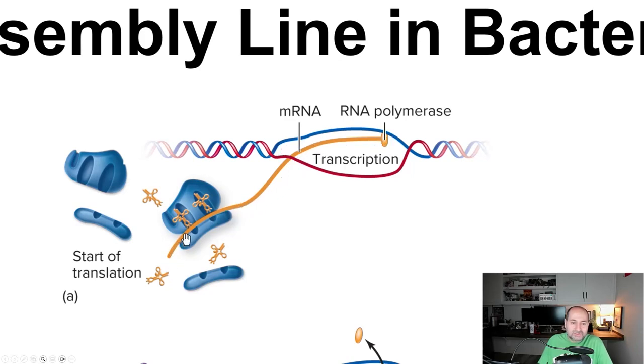In orange, you see this is the mRNA transcript, it's called. And look what's happening. The ribosomes, which remember consist of a large subunit as well as a small subunit, chomp down on the 5' end of the mRNA, and then they proceed to search for that start codon so that they can start making a protein. Notice how transcription and translation are occurring at the same time in the same place.